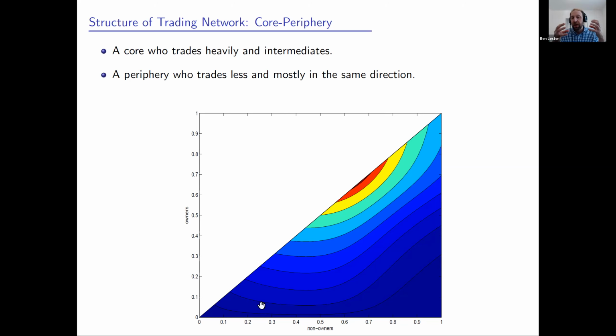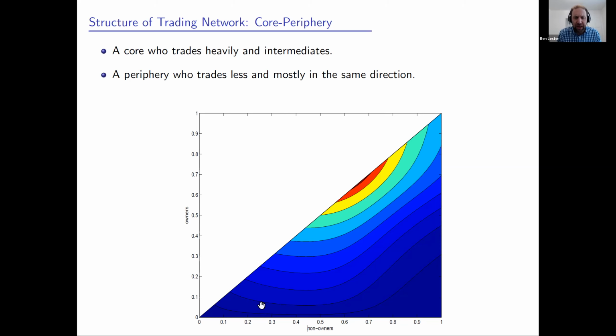So there's essentially a core of agents who are doing almost all the trading, and then a periphery of agents who trade once in a while, and they almost always trade in the same direction. What I'm saying is that this model, without a lot of features that you would think are really important for a core-periphery structure. Bech and Atalay have thought about this. Shen, Wei, and Yan have a beautiful paper about this as well, about all sorts of heterogeneity.